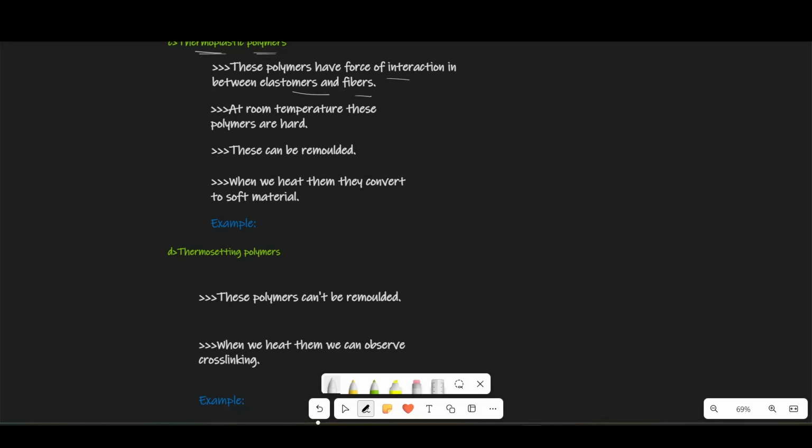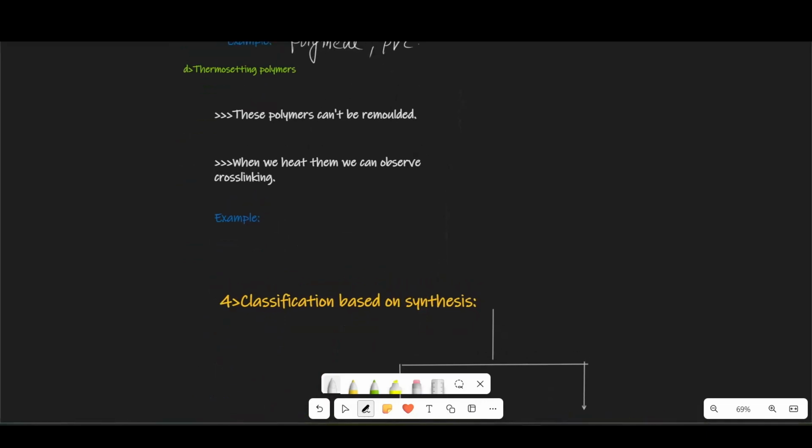At room temperature, these polymers are hard, and they can be remolded. When we heat them, they convert to soft material. The examples for this are polythene and PVC.